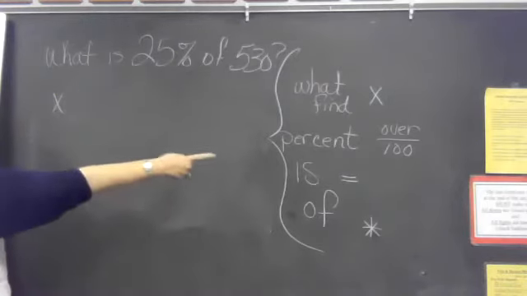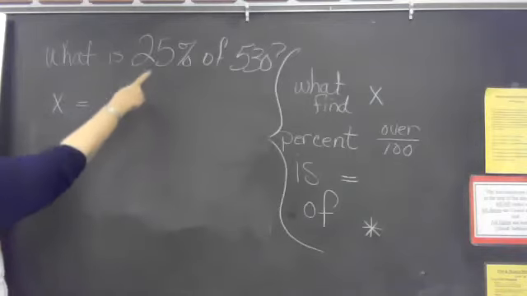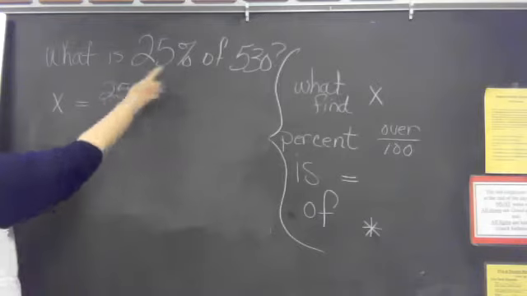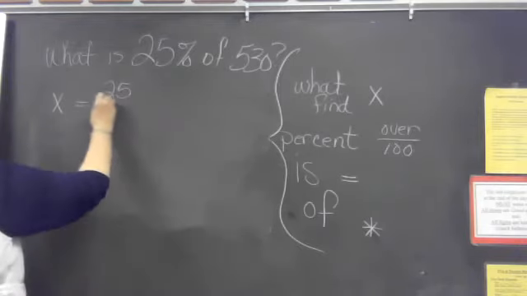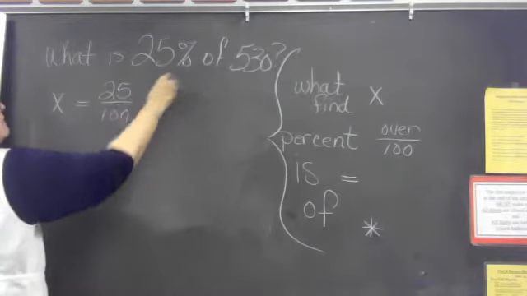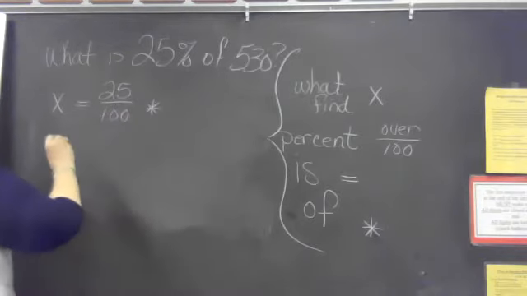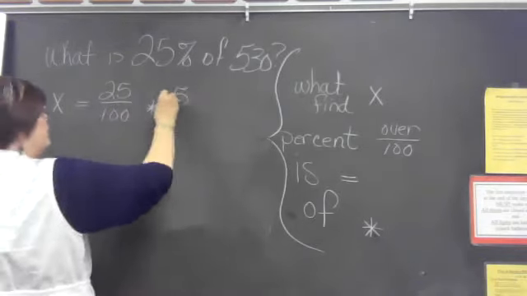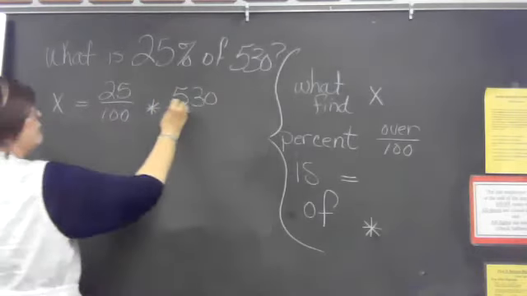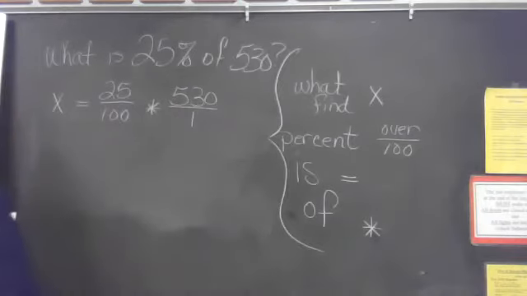Is means equals. 25% means over 100. Of means times. 530 is a whole number. Since I'm dealing with fractions, I want a fraction, so I put it over 1.